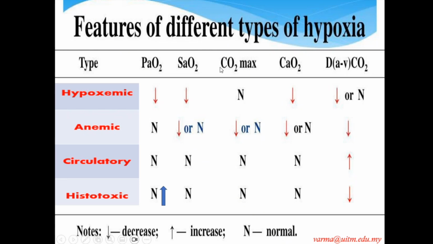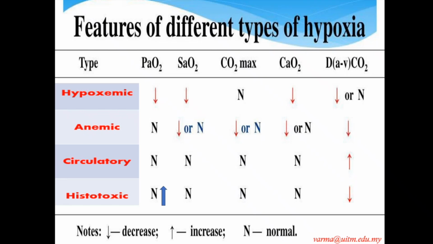Then circulatory hypoxia: there is no problem with PaO2, SaO2 or CaO2, but there is a problem with the flow. Because the flow is less, the oxygen extraction will be very high. Whatever oxygen is supplied in the arterial system, because the flow is lesser, more oxygen will be extracted in the cells.